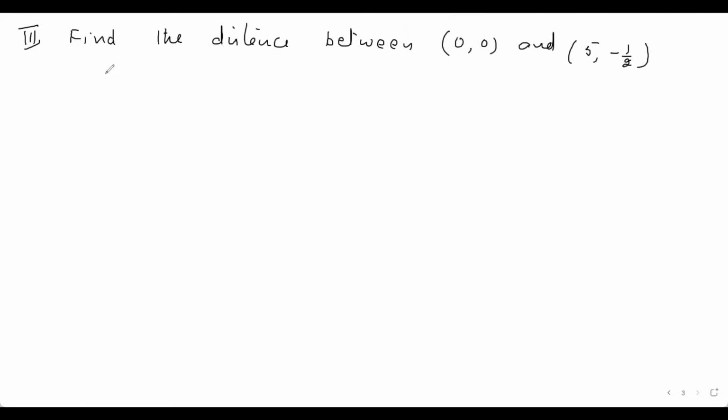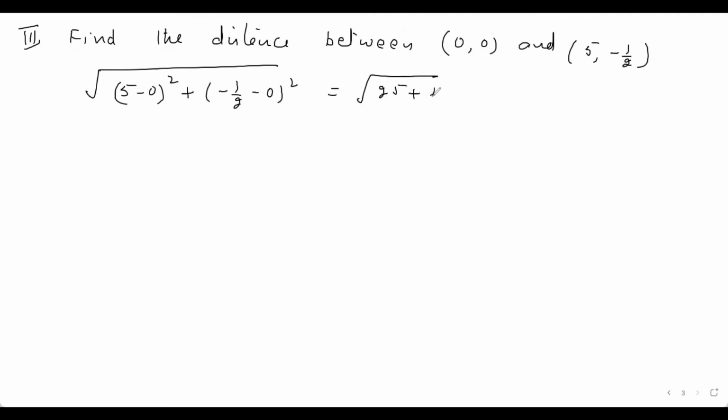Now let's discuss the third case. Now find the distance between 0, 0 and 5, minus 1 by 2. So apply the distance formula, which is root of (5 minus 0) whole square plus (minus half minus 0) whole square. That is equal to root of 25 plus 1 by 4, that is equal to root 101 by 4.